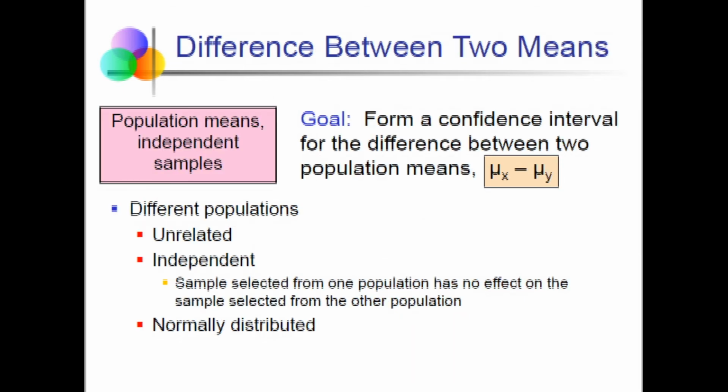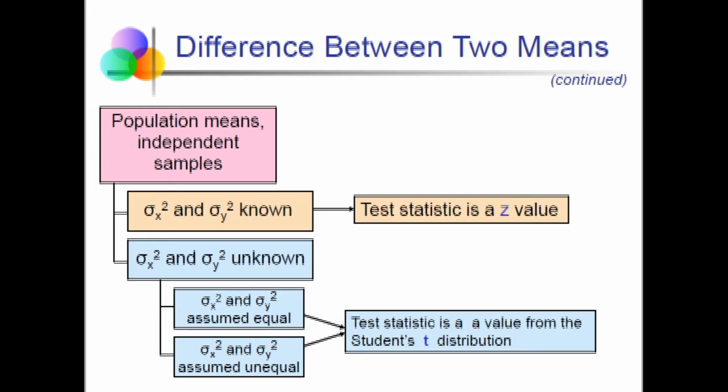We now proceed to testing a hypothesis for a difference between two independent samples. Here we're saying that these samples are unrelated and are normally distributed. So we have two cases.